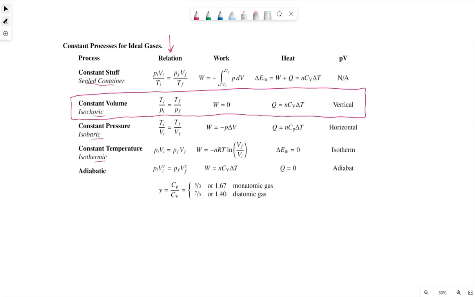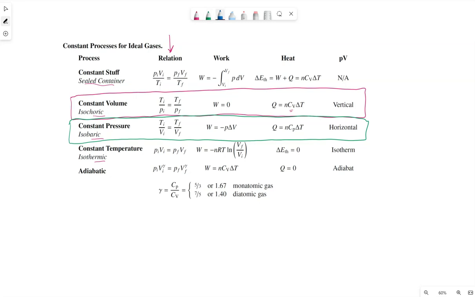And then our heat equation, nCV delta T. On this same page, if you scroll up, is where that little table I showed you for CV and CP is located as well. So each row has equations that are specific to the process, which is very nice.